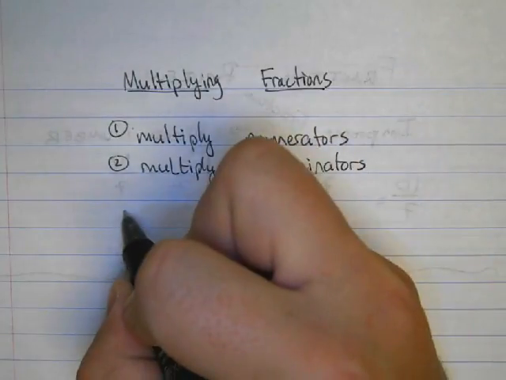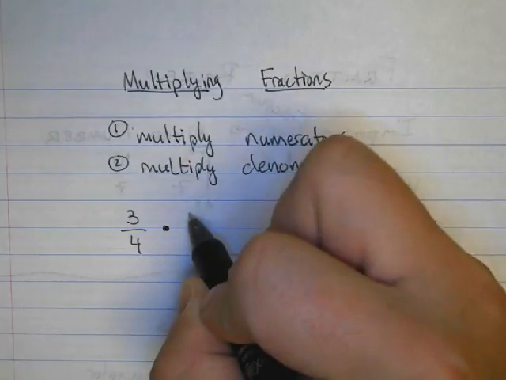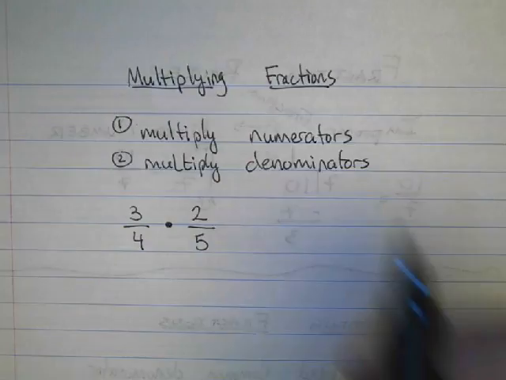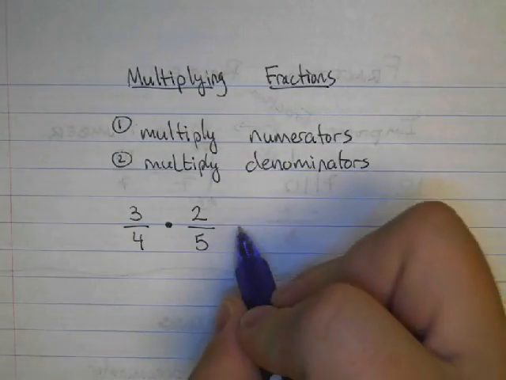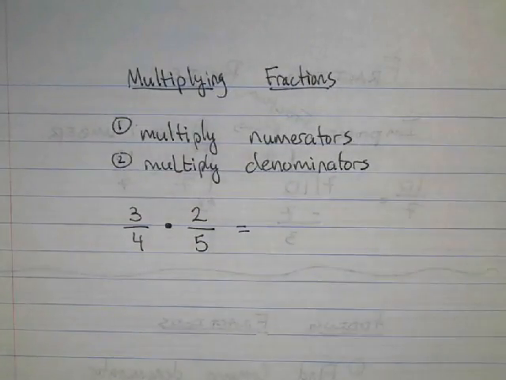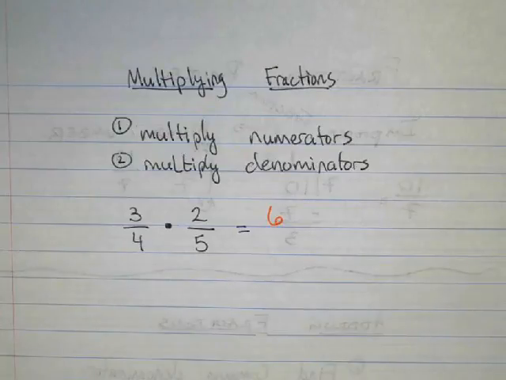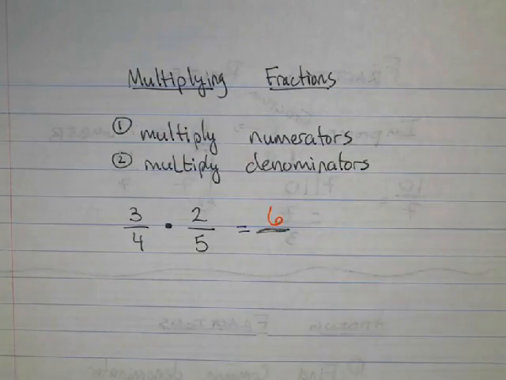So say we're multiplying 3/4 times 2/5. We multiply our numerators together. 3 times 2 is 6. And then 4 times 5 is 20.